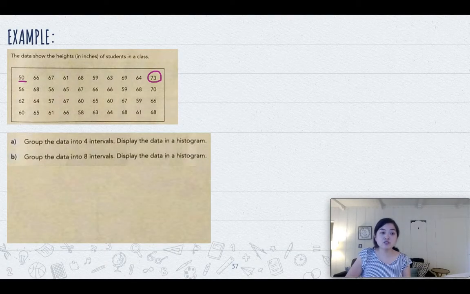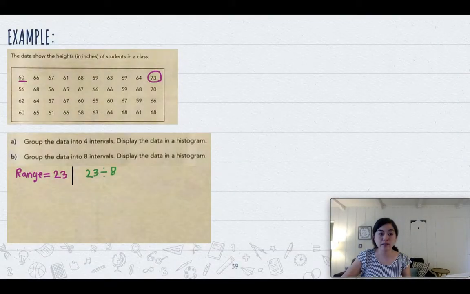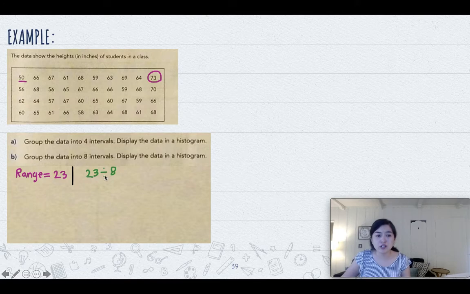All right. So now B says we want to group the data into 8 intervals, and we're going to display the data in a histogram. Again, we're going to use the range from part A. The range was 23, and we're going to divide it by 8 because that's the number of intervals I want. If I do 23 divided by 8, I don't get a whole number.